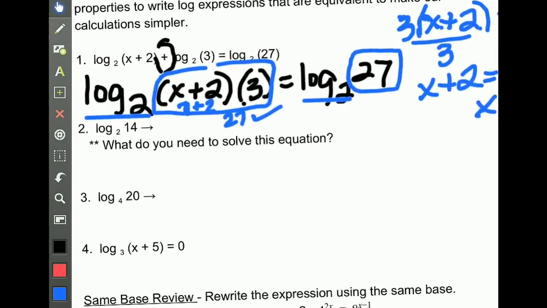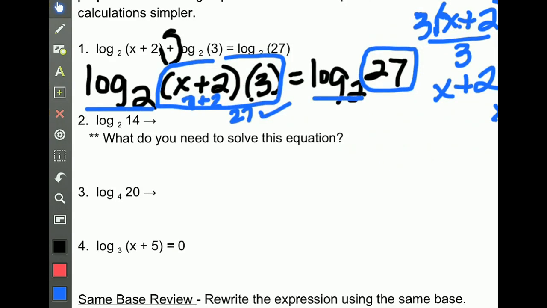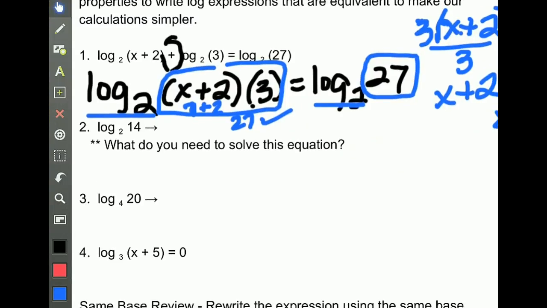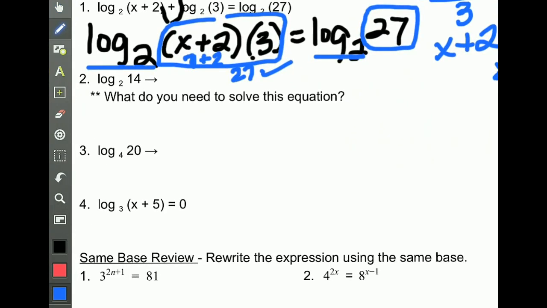Okay, so log 2 of 14. What do you think you need to solve this equation? If I asked you to expand that out, how could you expand it? Something would be useful for us. So we could expand that using log 2 plus, if we're using multiplication, 2 times 7 is 14. So log 7 would work.